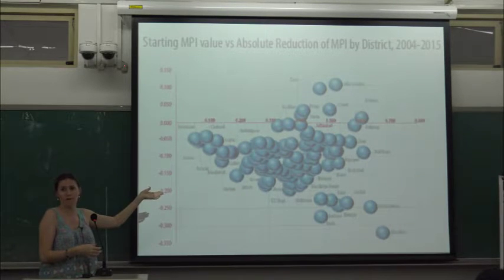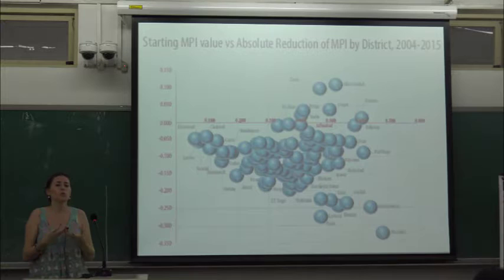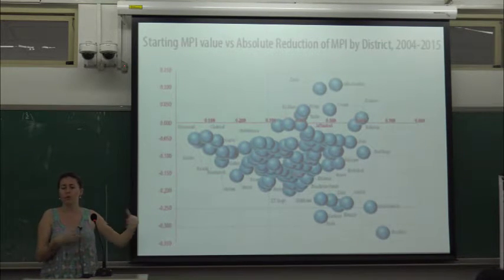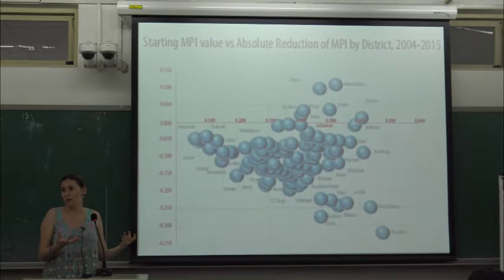So basically, what would be the ideal trend that we would observe in this graph? What would we want to find? What would be a successful policy outcome, basically?